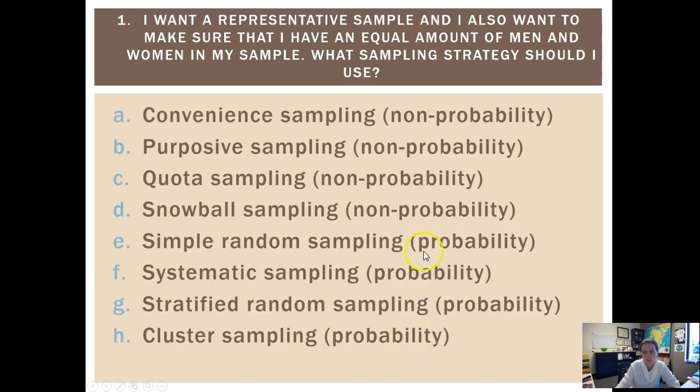Now we're looking at these 4. Then the next key is that they want an equal proportion of men and women. So out of these 4 probability sampling approaches, the only one that really focuses on different proportions is this one right here, the stratified random sampling.